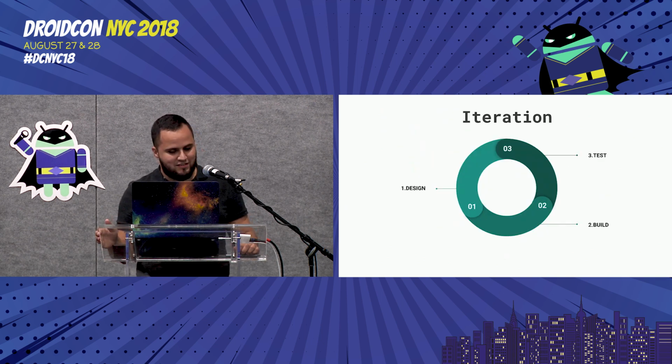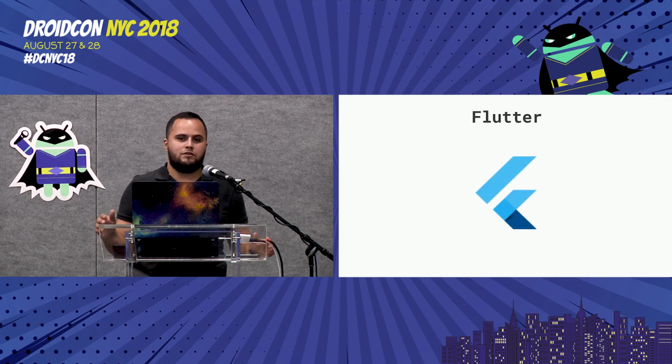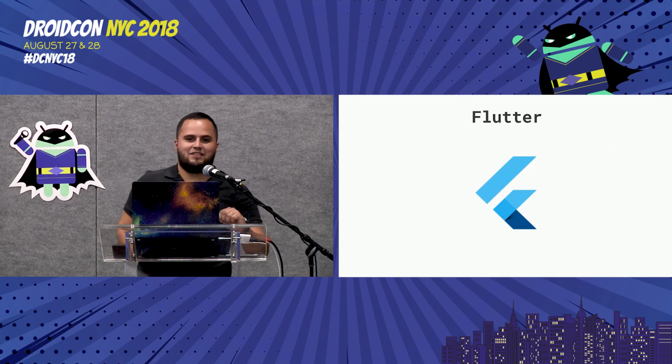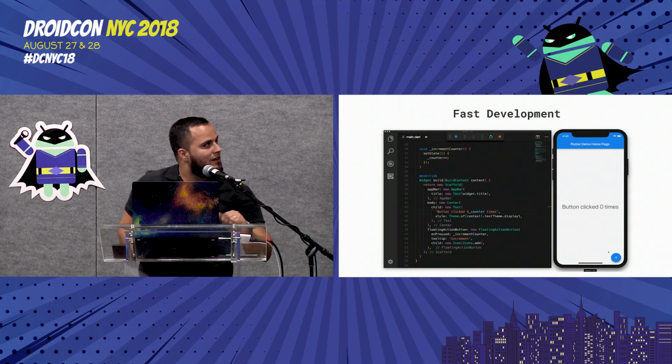Typically I design, I build, I test, and keep going through that cycle of iterations to make it look good and meet the user's needs. So how does Flutter help me with that? Flutter has three things that I like.